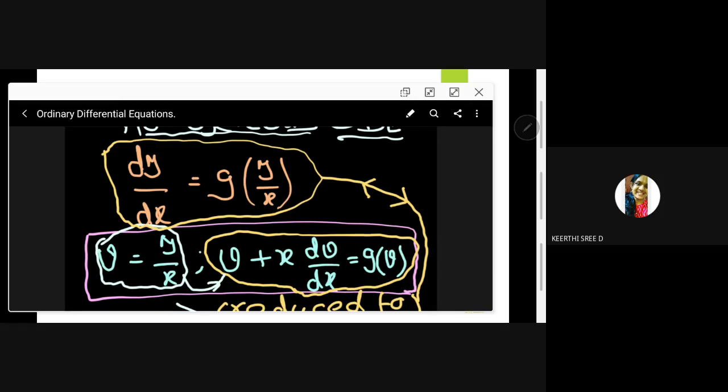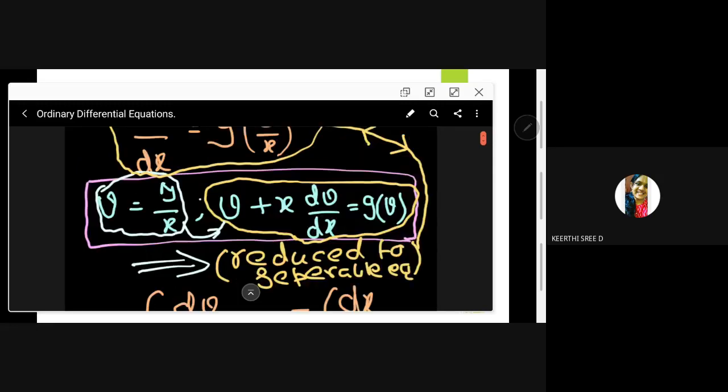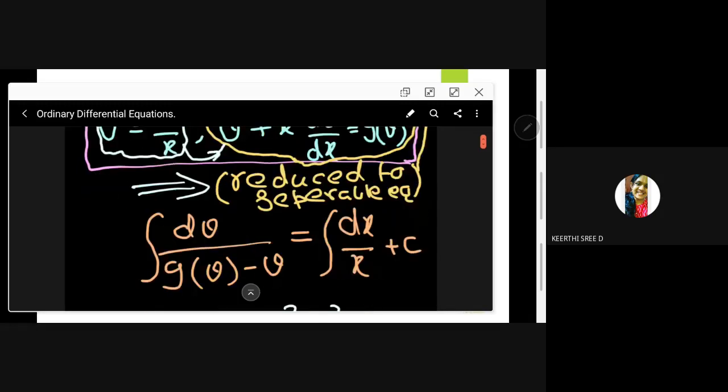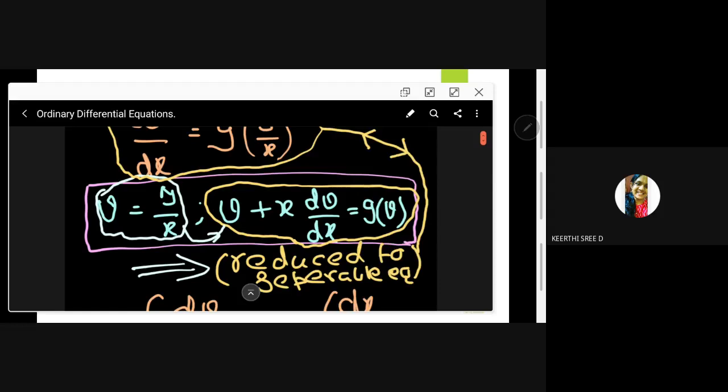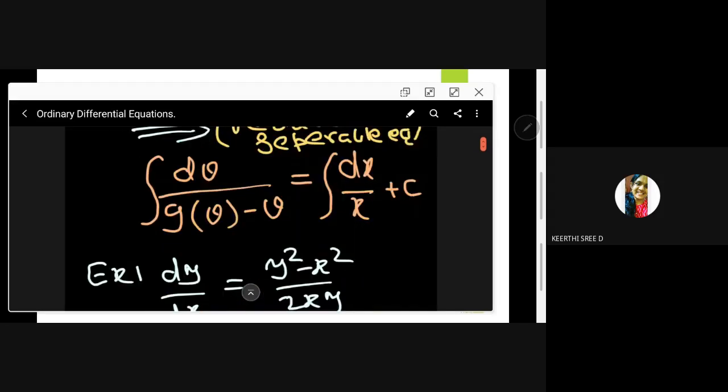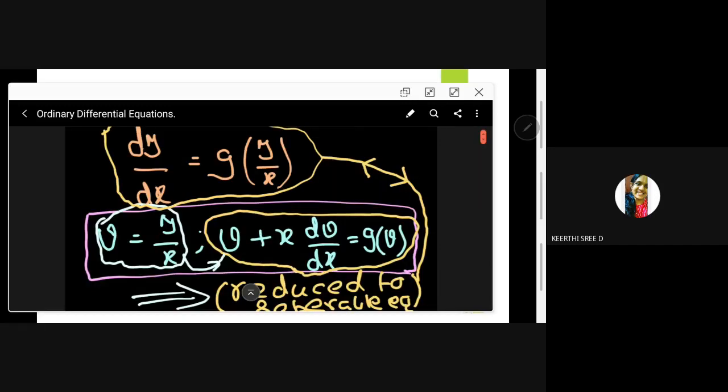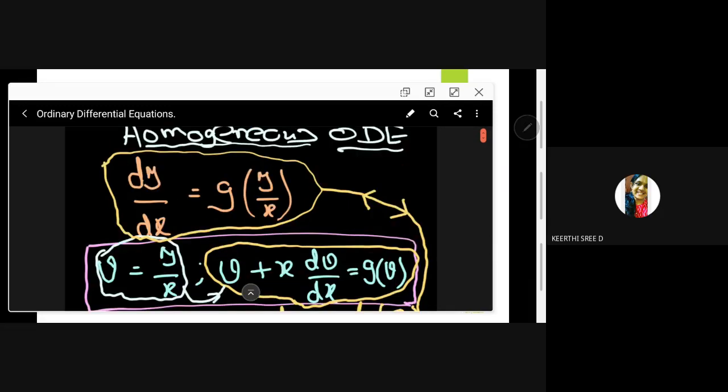So you can reduce that equation into a separable form and the answer will be this one. This formula you need to remember. Integral dv by g of v minus v is equal to integral dx by x plus c. So if you have a homogeneous equation, you can straight away remember this formula and write the answer. Okay. So what is a homogeneous equation?